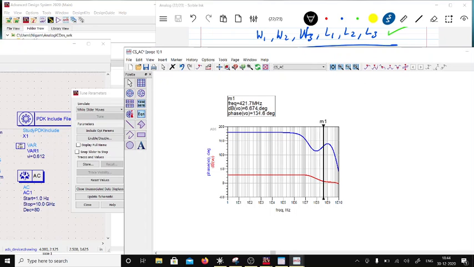See what it does. The gain it is showing in degrees, which is wrong, which is dB, right? I've been asking Agilent for a long time to please correct this, and they don't want to correct this. So I am on a YouTube platform forcing them to correct this.